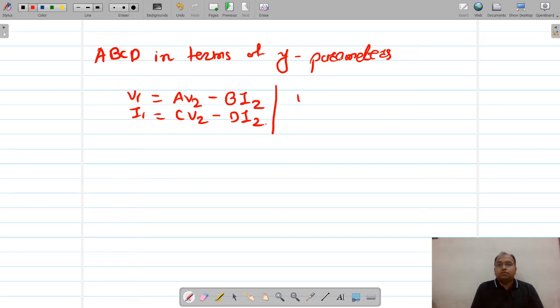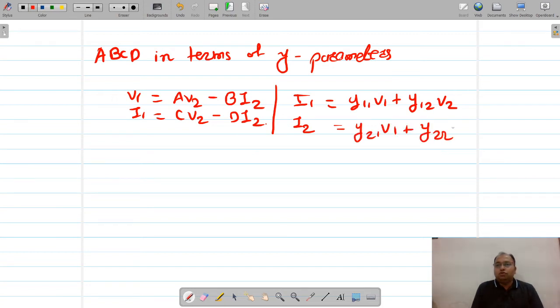Okay, so I1 and I2 are equal to y11 v1 plus y12 v2, and y21 v1 plus y22 v2. To find the first two parameters, put I2 equal to 0. So wherever there is I2, just put it as 0.